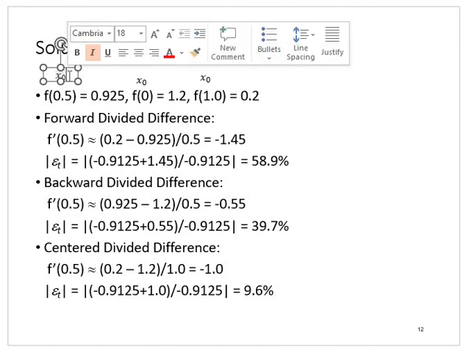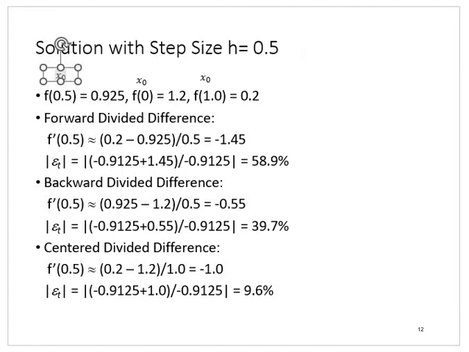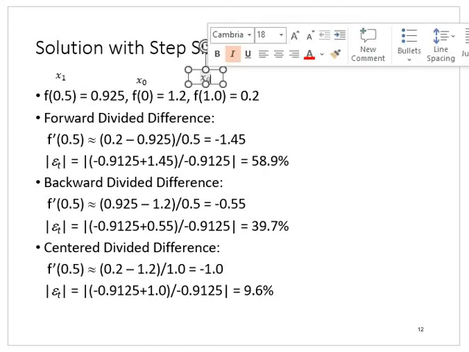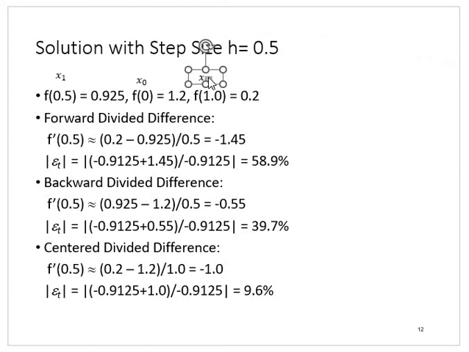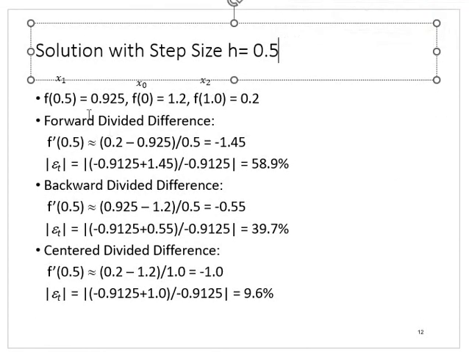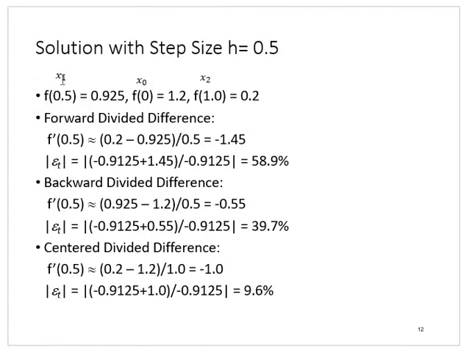This is f of x1, f of x2. So your x naught is 0, x1 is 0.5, x2 is 1.